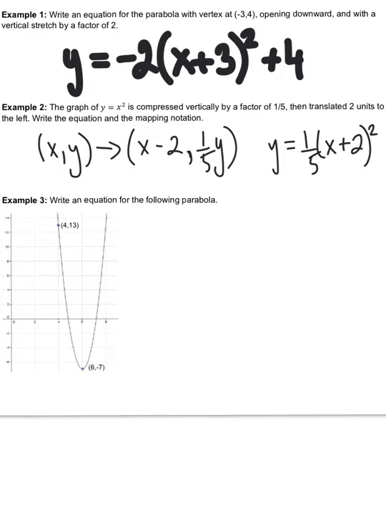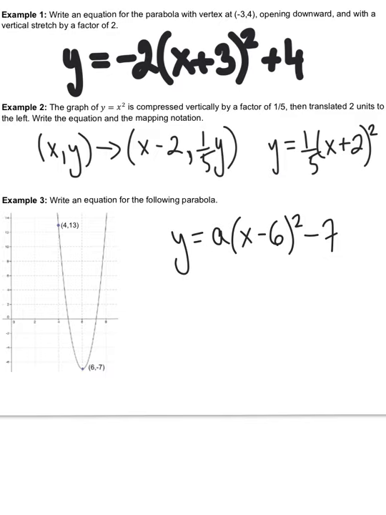Okay, so for this example, we have to write an equation for the following parabola. So we're given the vertex, which is really helpful, and we can write what we know so far in vertex form. So we don't know our a value, but we do know that the x and y coordinates are going to be (x minus 6) squared, minus 7. So that translates to a vertex of (6, -7), which is correct.